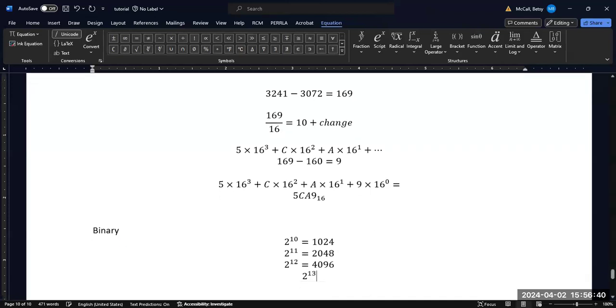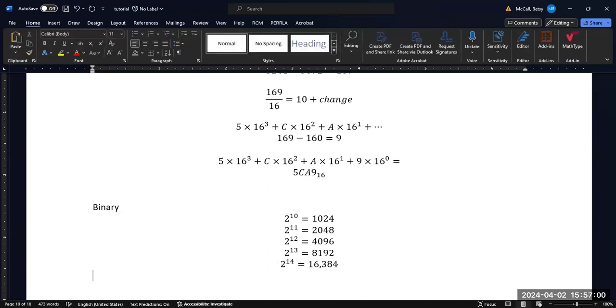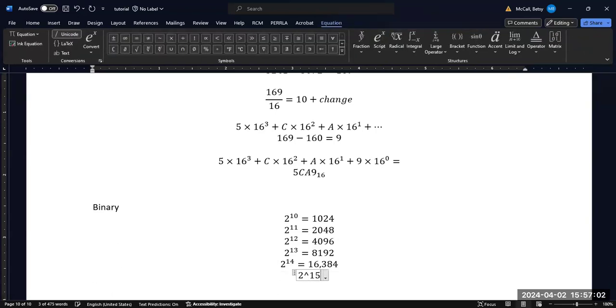2 to the 13th is 8,192, and 2 to the 14th is 16,384. 2 to the 15th is 32,768.